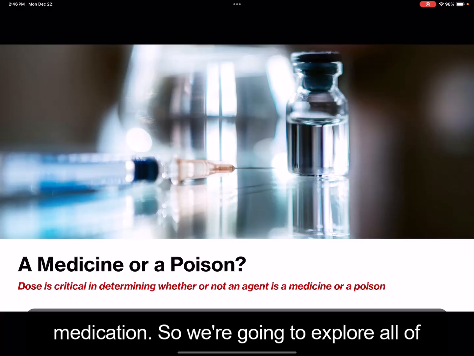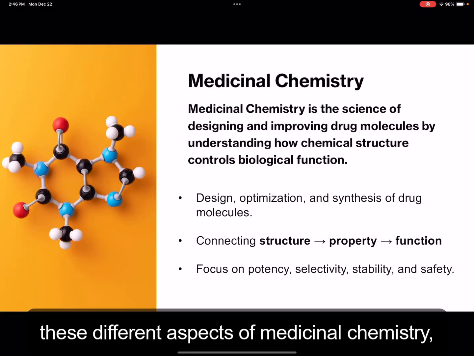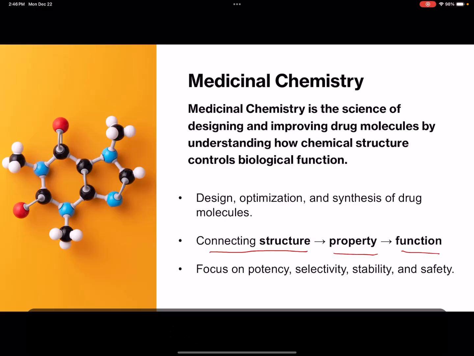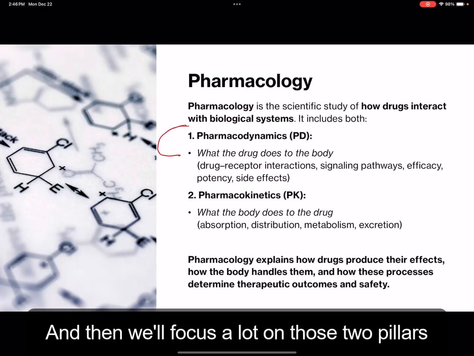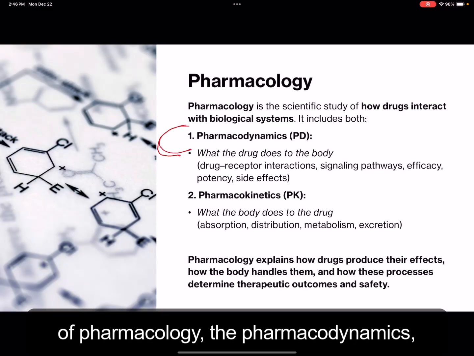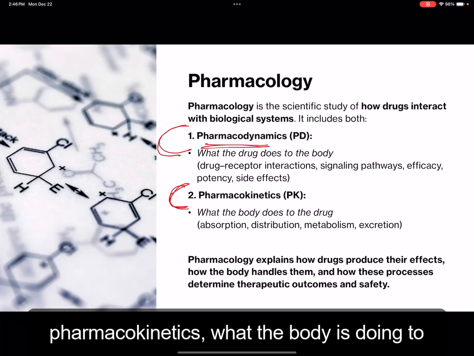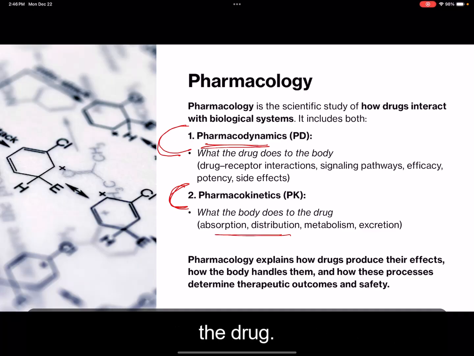So we're going to explore all of these different aspects of medicinal chemistry, right? Connecting that structure, property, and function inside the body. And then we'll focus a lot on those two pillars of pharmacology, the pharmacodynamics, what the drug does to the body, and the pharmacokinetics, what the body is doing to the drug.